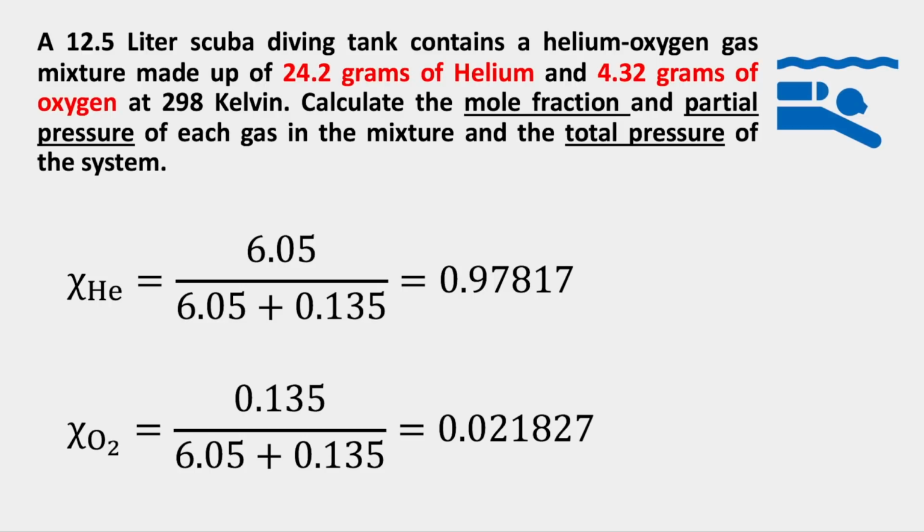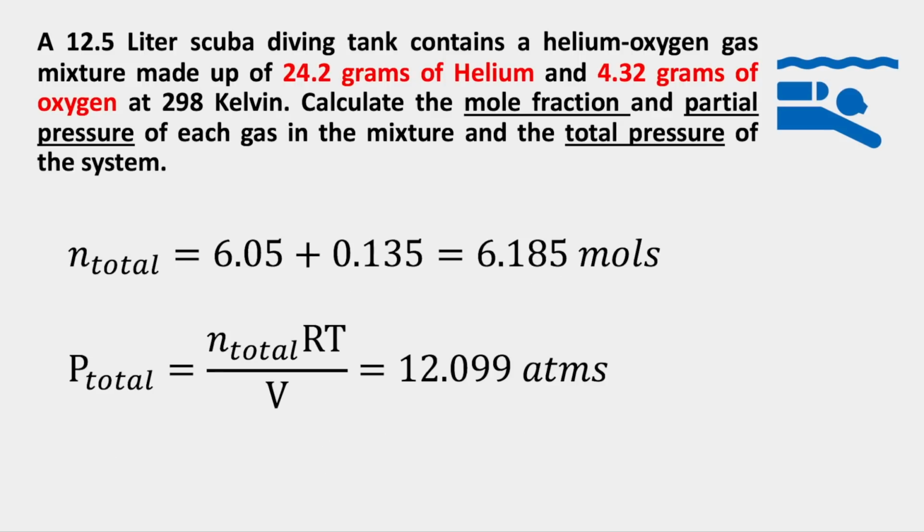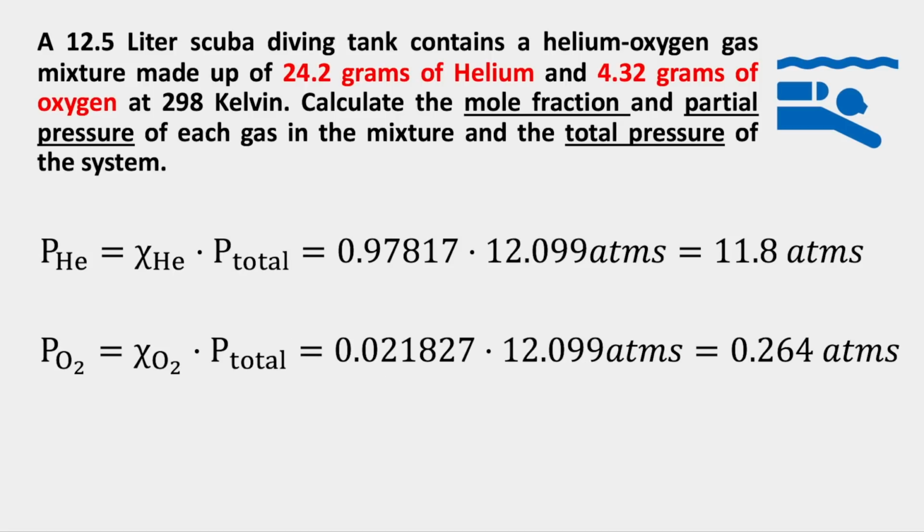We can calculate the total pressure by using the total moles of our system, which we get by adding moles of helium and moles of oxygen together, which equates to 6.185 moles. We can plug this into the ideal gas equation, and the total pressure calculates to be 12.099 atmospheres. In order to find the partial pressure of helium and oxygen, we must multiply the total pressure by each mole fraction. The partial pressure for helium is 11.8 atmospheres, and for oxygen it is 0.264 atmospheres.